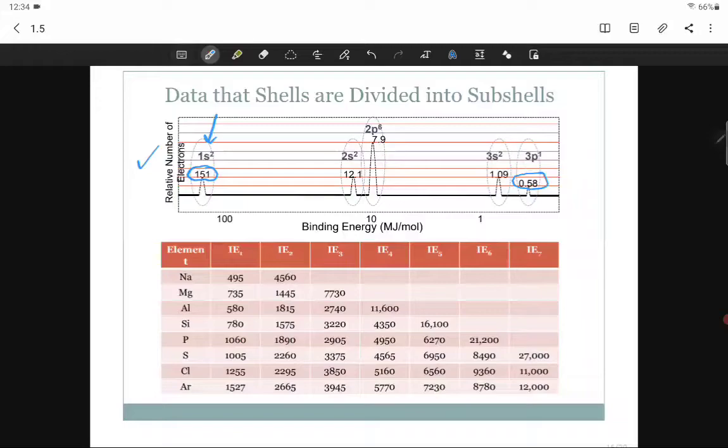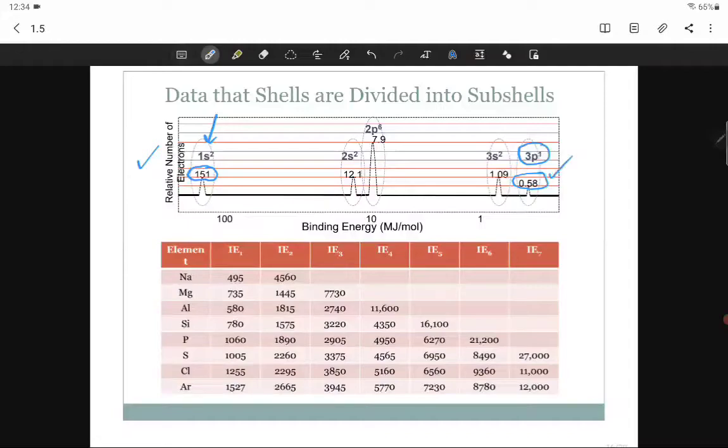Because I think it would make sense to you if an electron already has lots of energy, it doesn't take very much more energy to release it, meaning to get rid of it. These outer electrons, and how do I know those are outer electrons? It doesn't require hardly any energy to remove the 3p electron, 0.58.